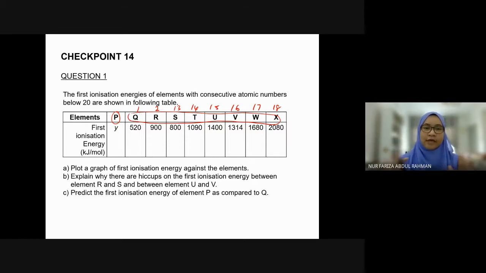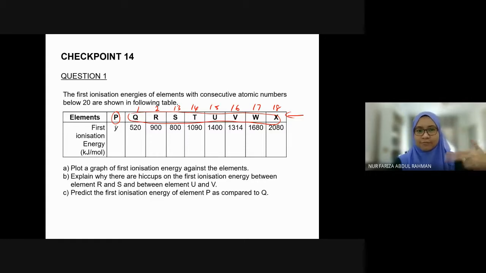Okay, we have all the elements there starting from group 1 until group 18. That means P should not come from the same period as this element. Okay, that means P kena datang from a different period. Now it should be a previous period ataupun after period. Period after these elements? Dia kata consecutive kan? That means P should come from the previous period.